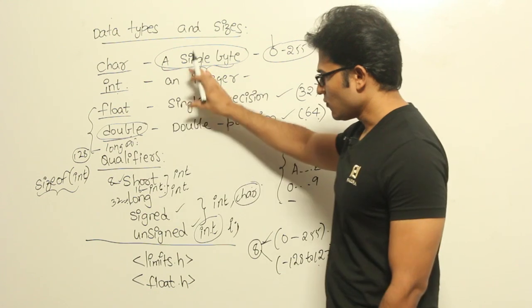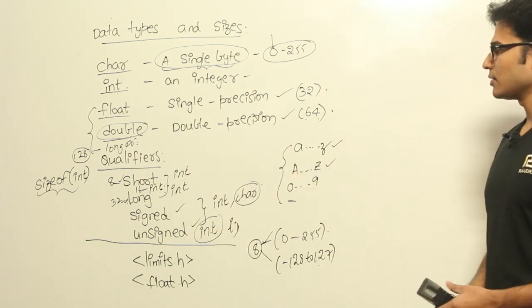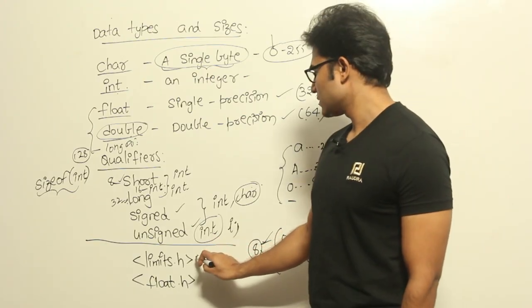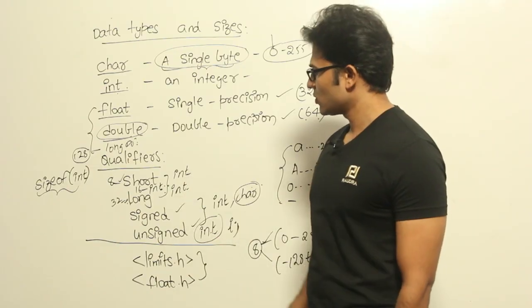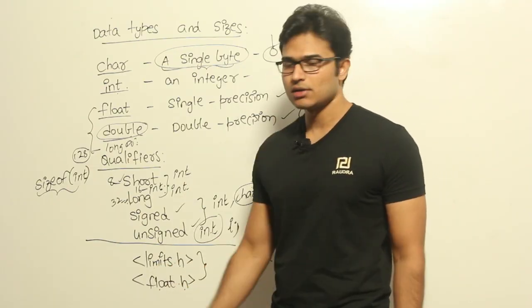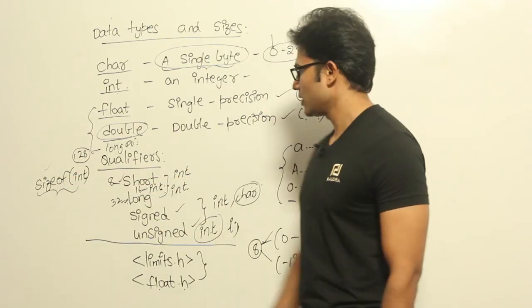But anyway, everything that we have discussed here is system dependent and compiler dependent, right? And their sizes are actually constants which are declared in header files. If you want to see what their sizes are, you can look into limits.h or float.h, or simply write a program and see it using the sizeof operator. Okay, fine.